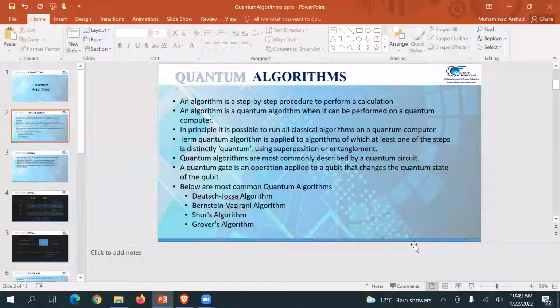I'm not saying there is a huge difference between quantum algorithms and classical algorithms. Algorithms written for classical computers could theoretically also be executed, but the main idea for a quantum algorithm is that we have to leverage the features of the quantum computer.